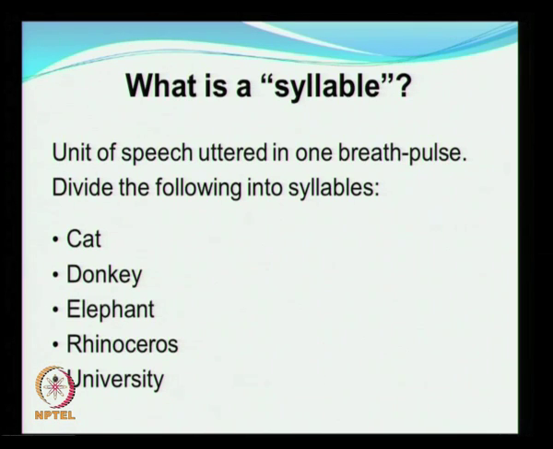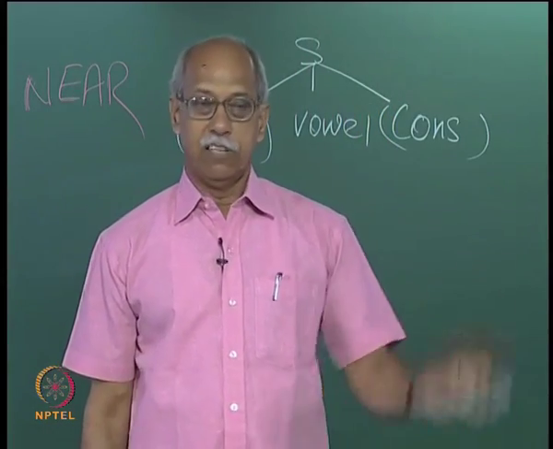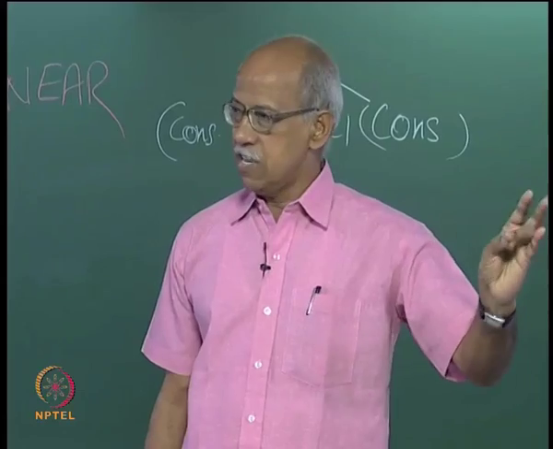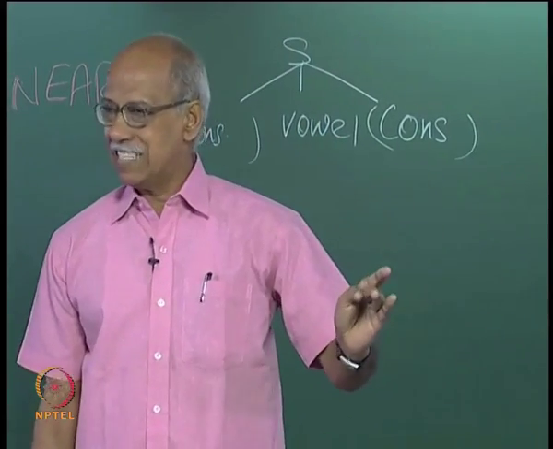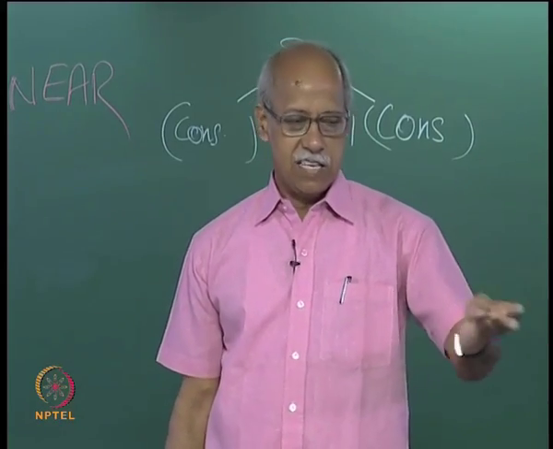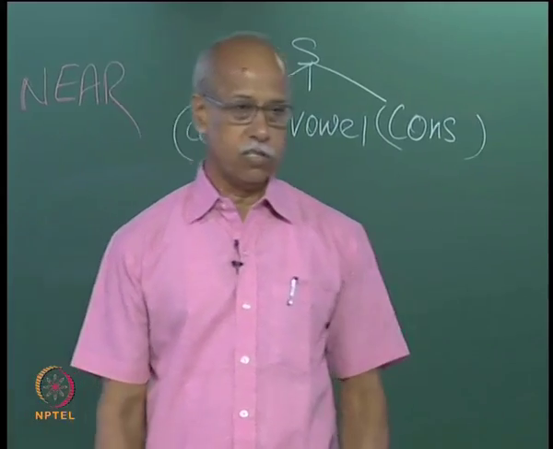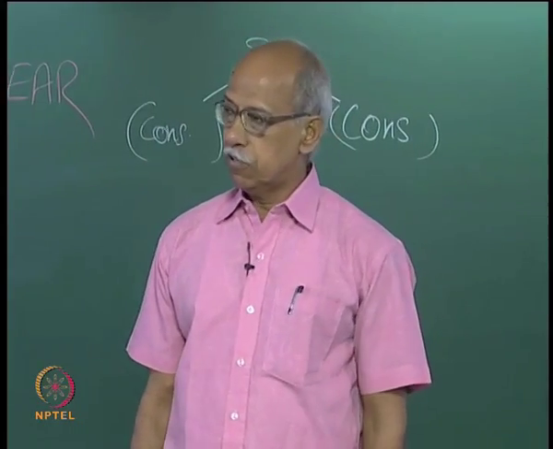How many syllables in the last word? 3. 5. U, ni, ver, si, ty. So, u, ni, ver, si, ty. Okay, together what is the word? University.